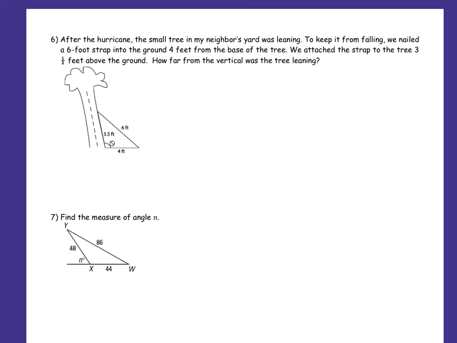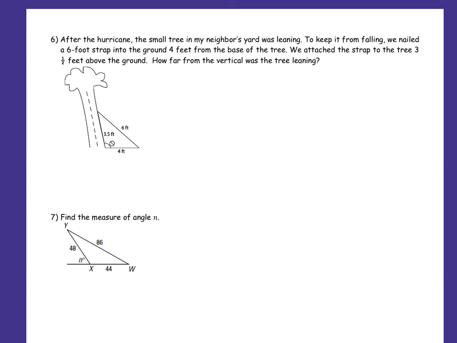Let's see if you can do this one. It says, after a hurricane, the small tree in my neighbor's yard was leaning. To keep it from falling, we nailed a 6-foot strap to the ground 4 feet from the base of the tree. We attached the strap to the tree 3.5 feet above the ground. How far from the vertical was the tree leaning?